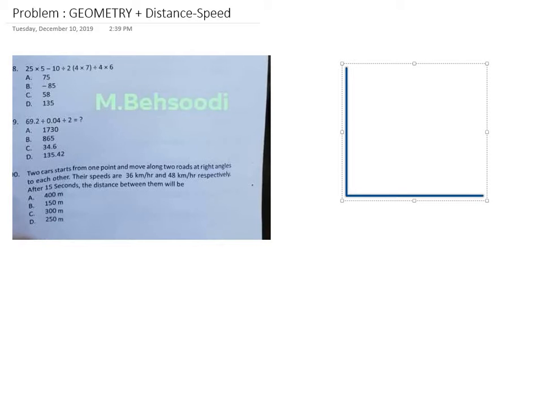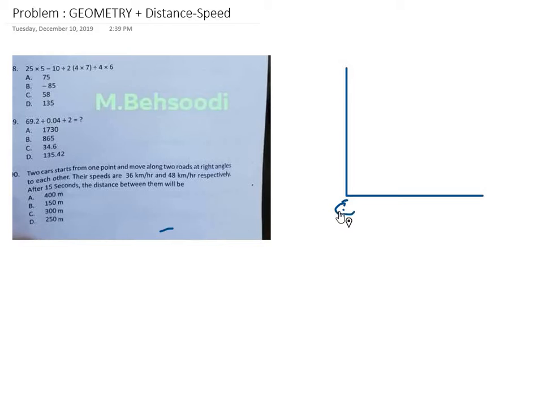So the problem statement goes like this: two cars start from one point and move along two roads at right angles to each other. One car starts from here, from the origin. Let's say this is my origin.